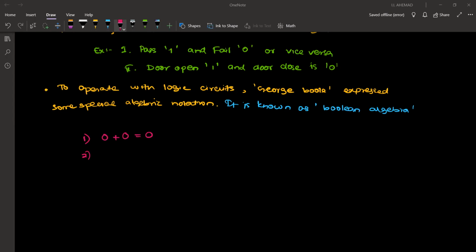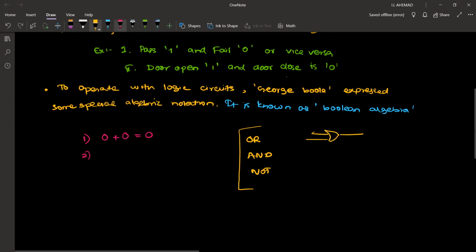Okay, so there you might have learned that we have something called OR gate and AND gate. We will be learning this now to understand Boolean algebra. It will be helpful. So, AND, OR and NOT gate. Okay, don't write this. For the OR gate, let's say we have two inputs.